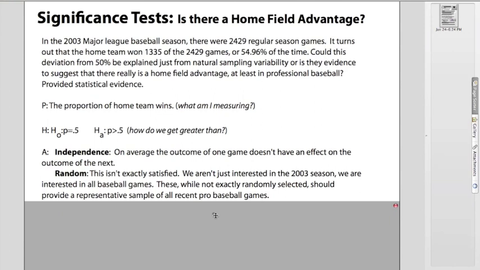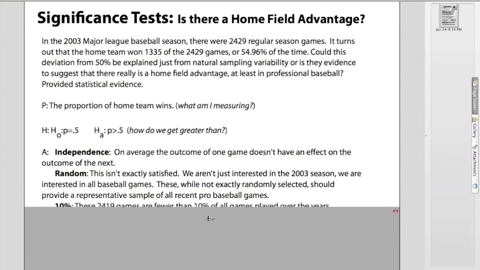What does make this okay is that if I were to have chosen any season in Major League Baseball, whatever year that would be, then that season should be a representative sample of professional baseball games. So in terms of the randomness, this does satisfy what we need it to be. It needs to be a representative sample of my population, and this is going to give us that representative sample.